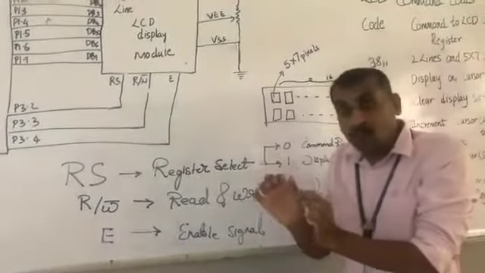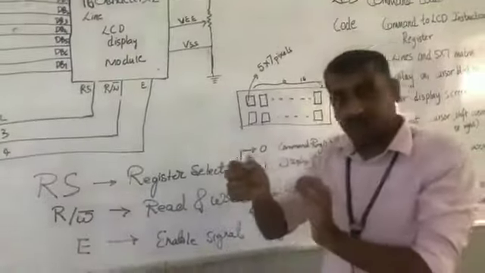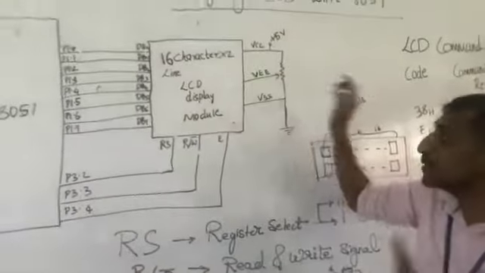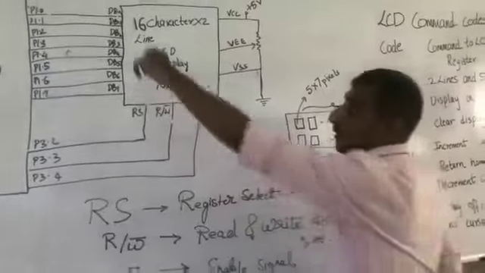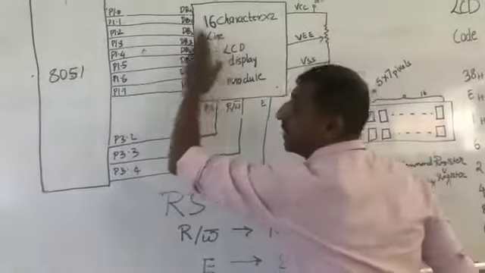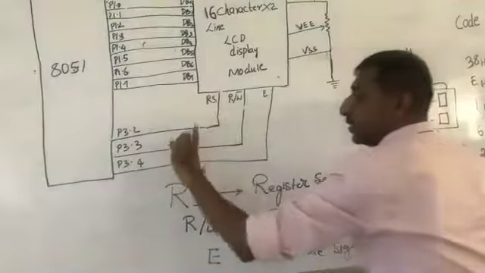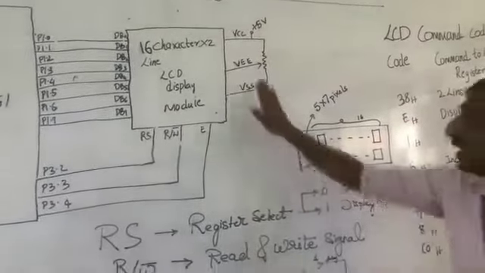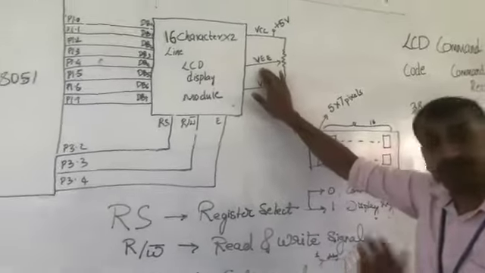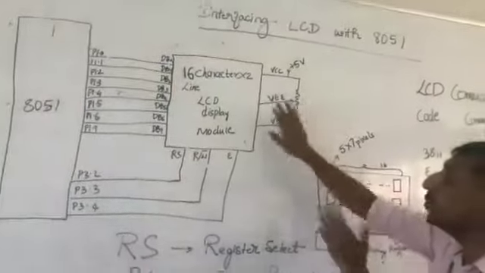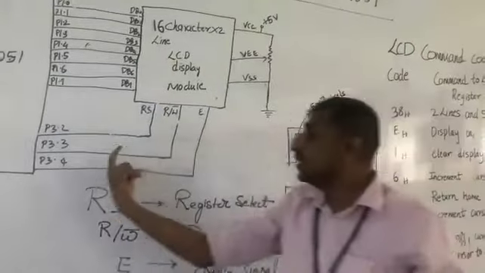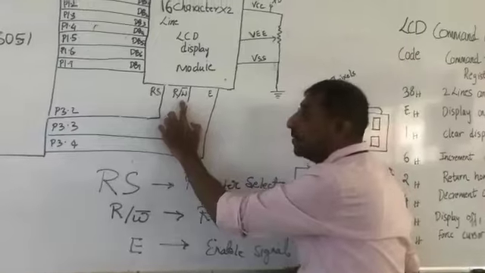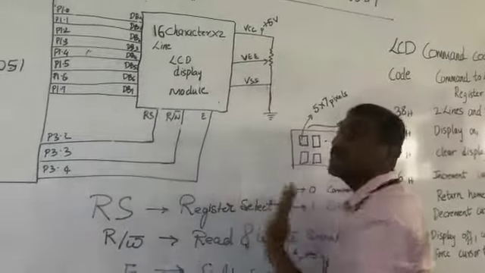If you want lower brightness, then you can turn the knob, right? So for that VEE is there. So all in all, there are 8 data lines interfaced with the 8051, 3 control lines and 1 VEE line. The VEE line is only to adjust the brightness. These 3 are to select the register, write procedure and enable the LCD module.